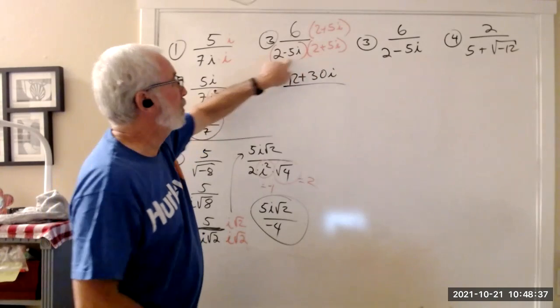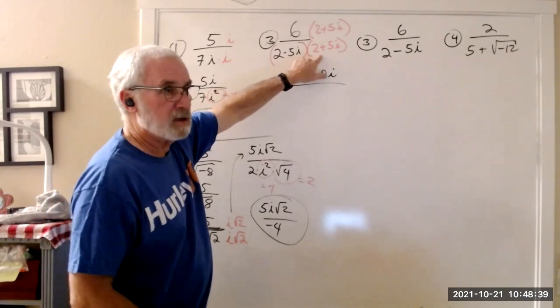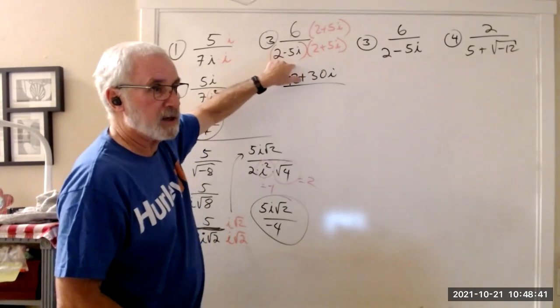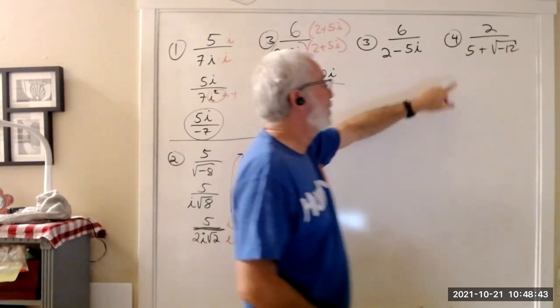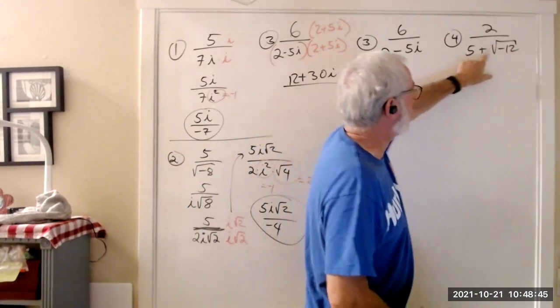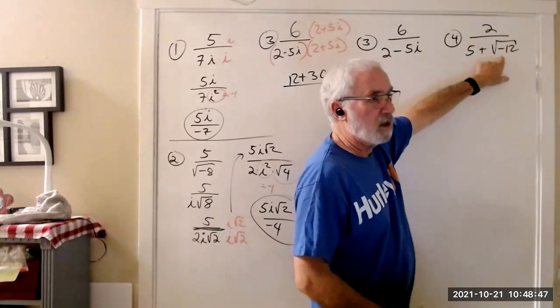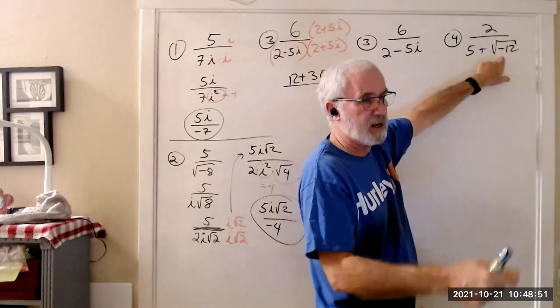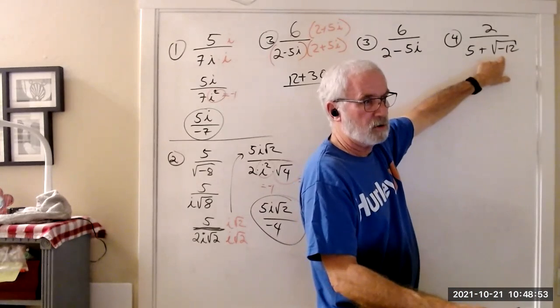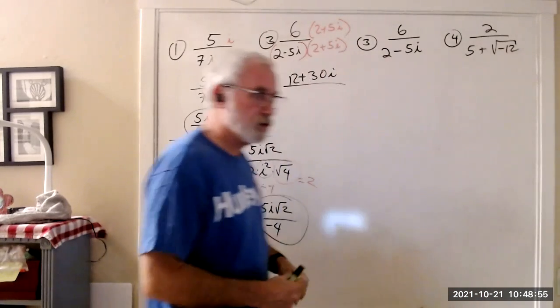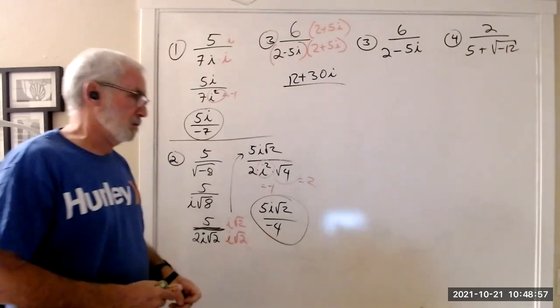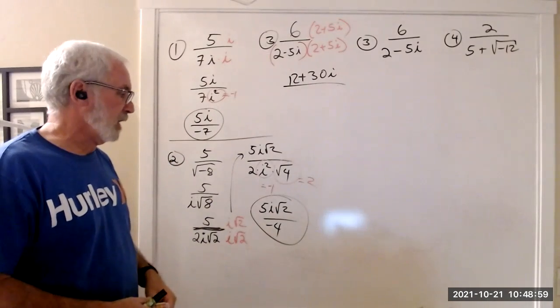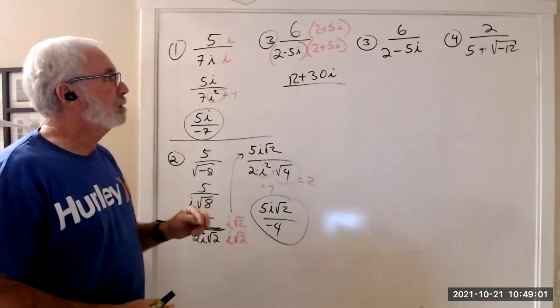These two are exactly the same, except one's a plus and one's a minus. Over here, because this is 5 plus radical 12, I'm going to multiply by 5 minus radical 12. That's what's called the conjugate. Is that okay or not? Yes, I got it. Thank you.